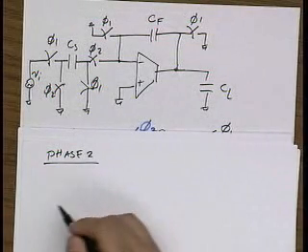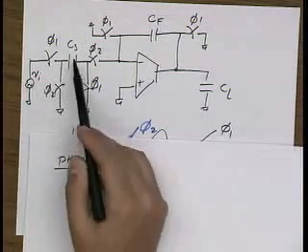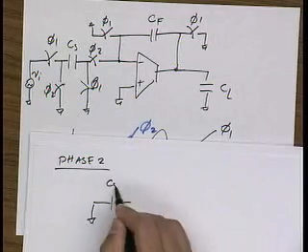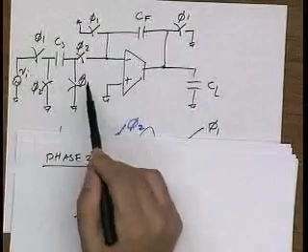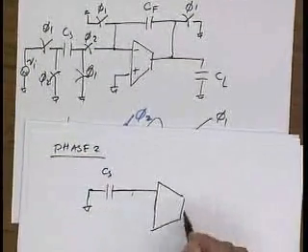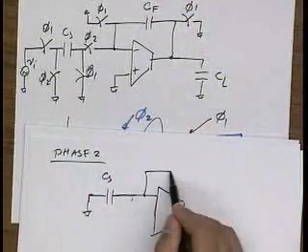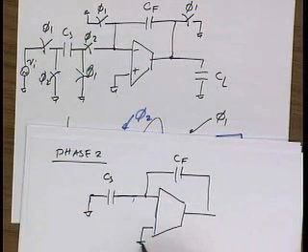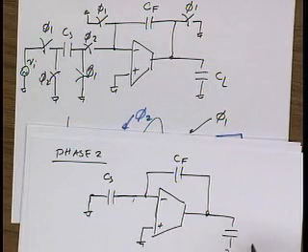In phase 2, the input is disconnected, right? This switch is open, so there is actually no input. The capacitor CS is grounded on one end. This now is open. This is shorted to the amplifier. These are open, and so actually we get a feedback CF and CL.